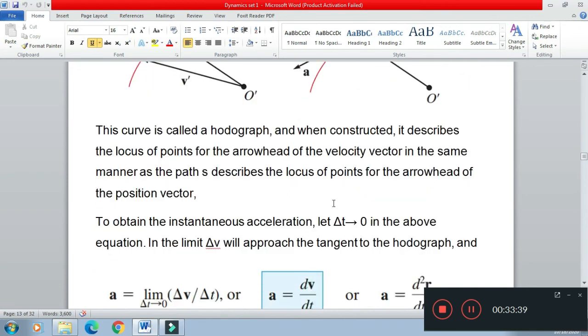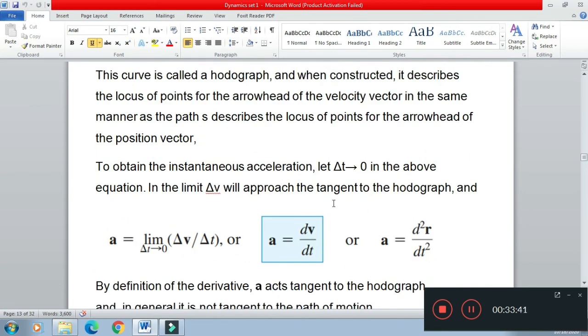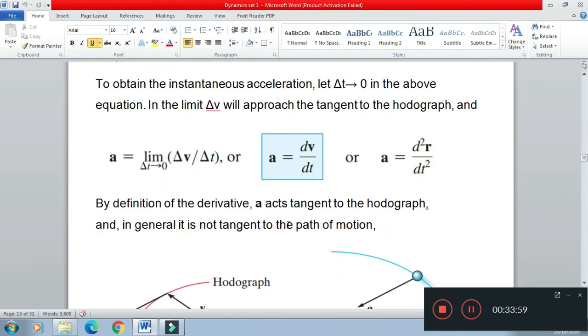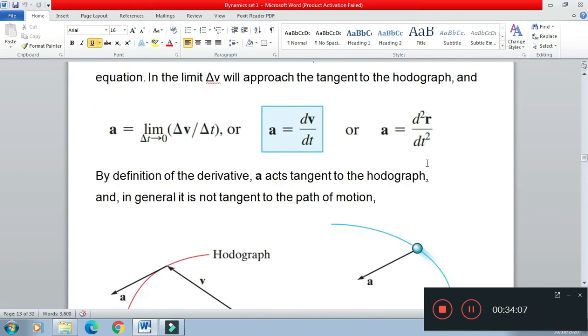Now if we are interested in determining the instantaneous acceleration, then again time will tend to 0, and we will get the acceleration vector as dv over dt. Again, this is a vector quantity since it is written in bold, and acceleration can also be written in terms of the second derivative of the position vector.